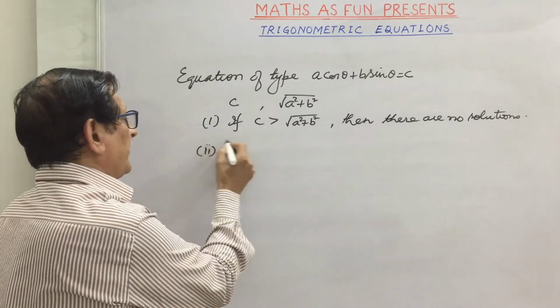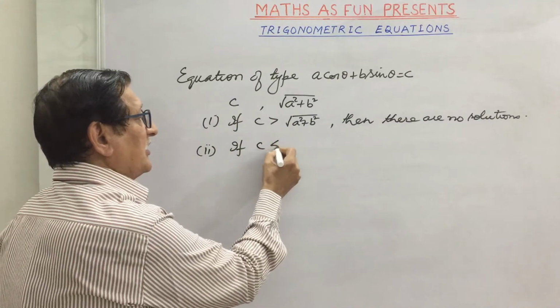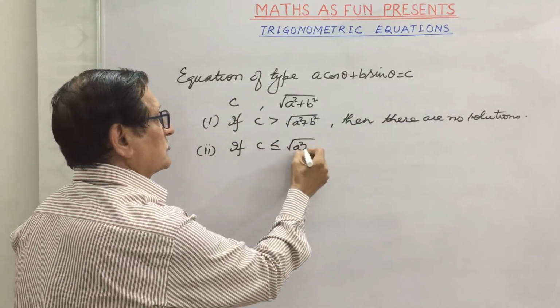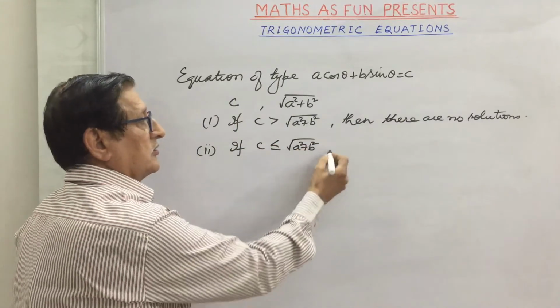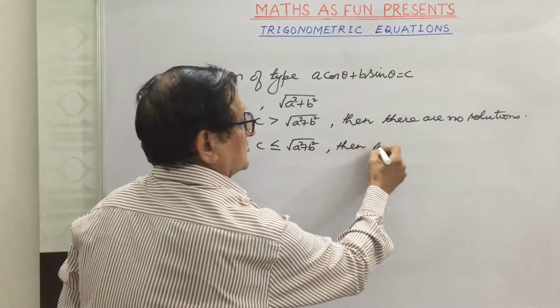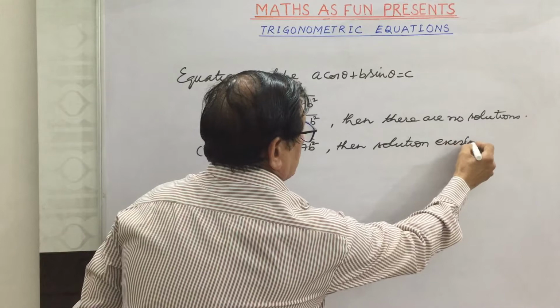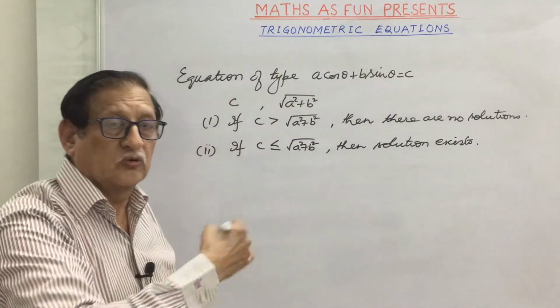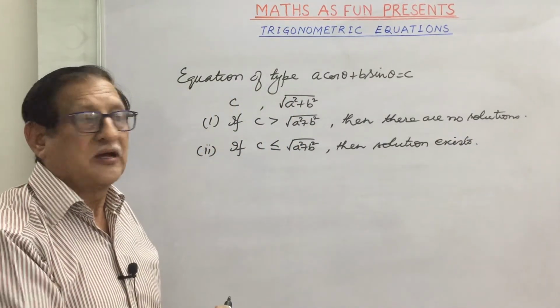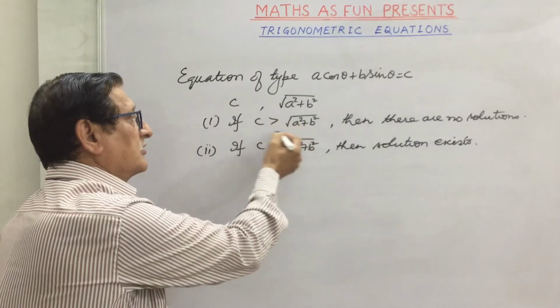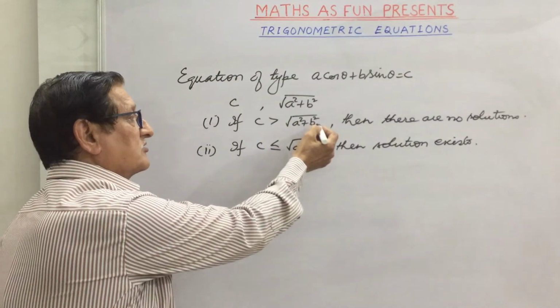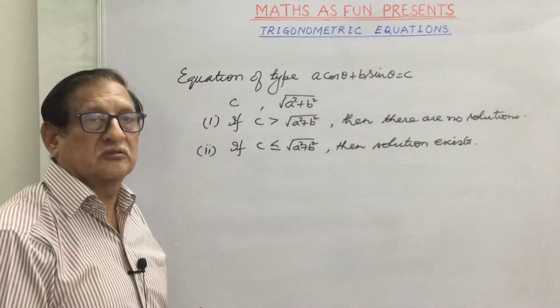Second, if we find c is less than or equal to root of a square plus b square, then a solution is possible. Solution exists. Then how to find the solution? And why was it taken that if c is greater than root of a square plus b square, then there is no solution?